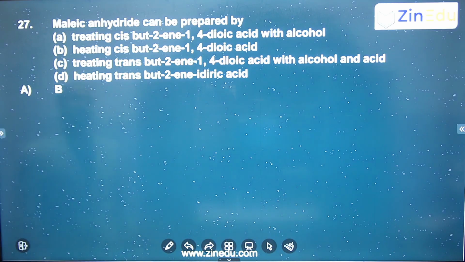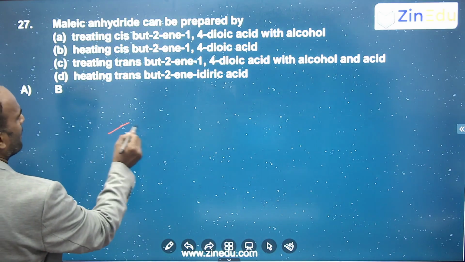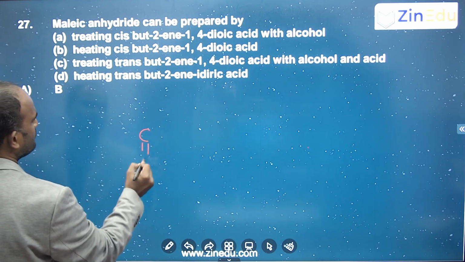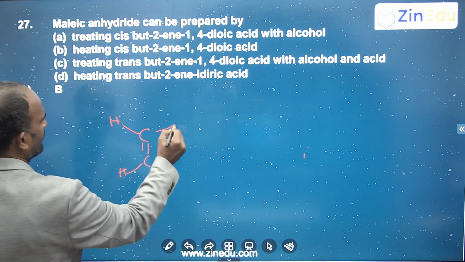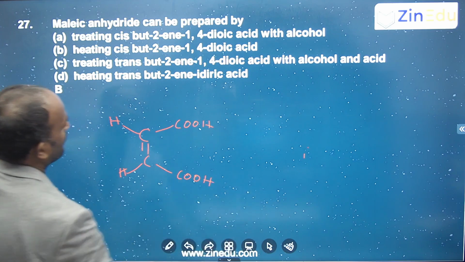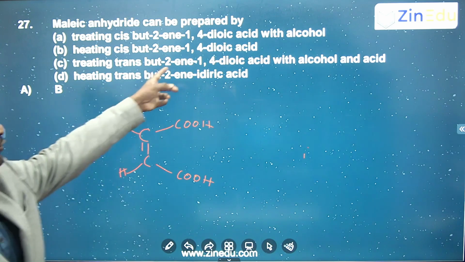Next, maleic anhydride can be prepared by heating butene-1,4-dioic acid, maleic acid.